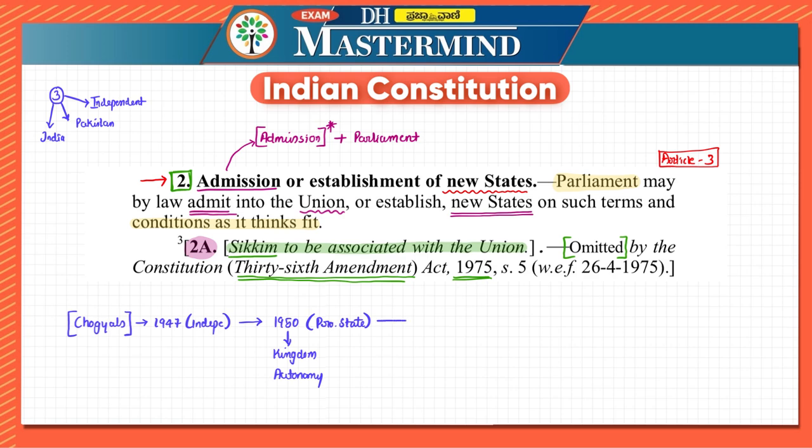Now coming to 1974. In 1974, there was a referendum against the ruling monarch. In the background you have to remember that in the 1970s, people in Sikkim did not want the monarch.